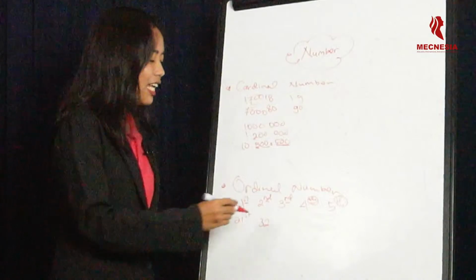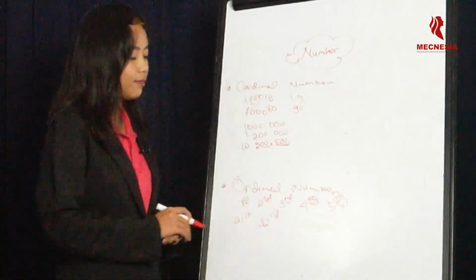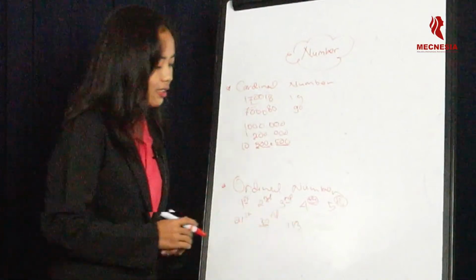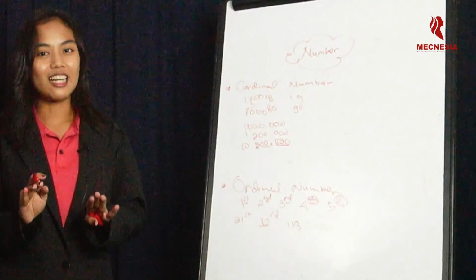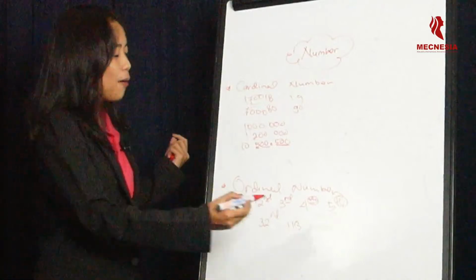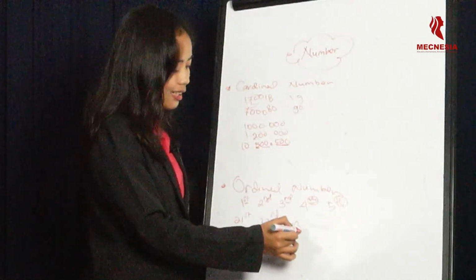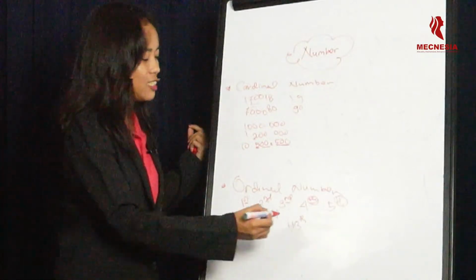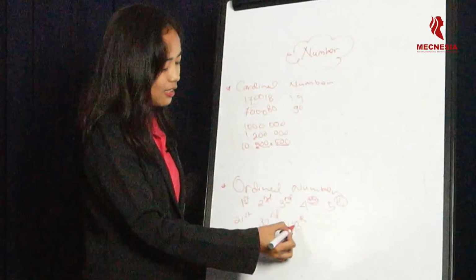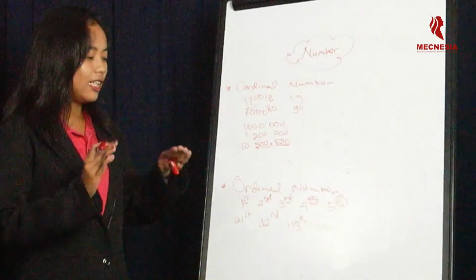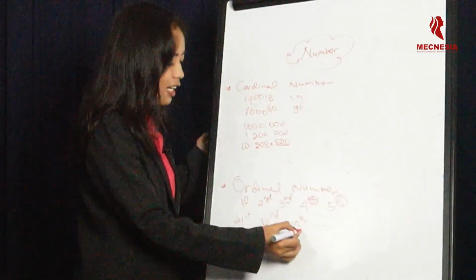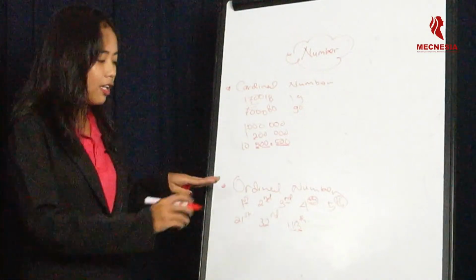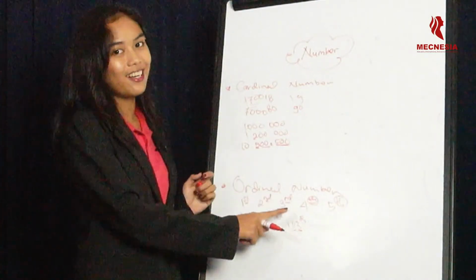Yep, it is 32nd. How about ke 113? 113th. Kita pakai TH because dia 13, bukan 3 yang lain. Jadi belakangnya memang 3, tapi dia 13. Remember, angka belasan semuanya TH. Dia nggak ngikutin pola ST, ND, RD.